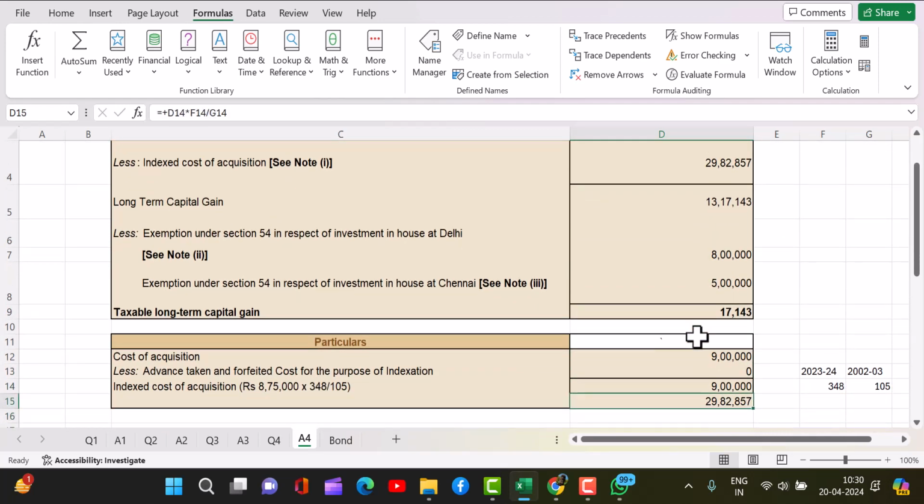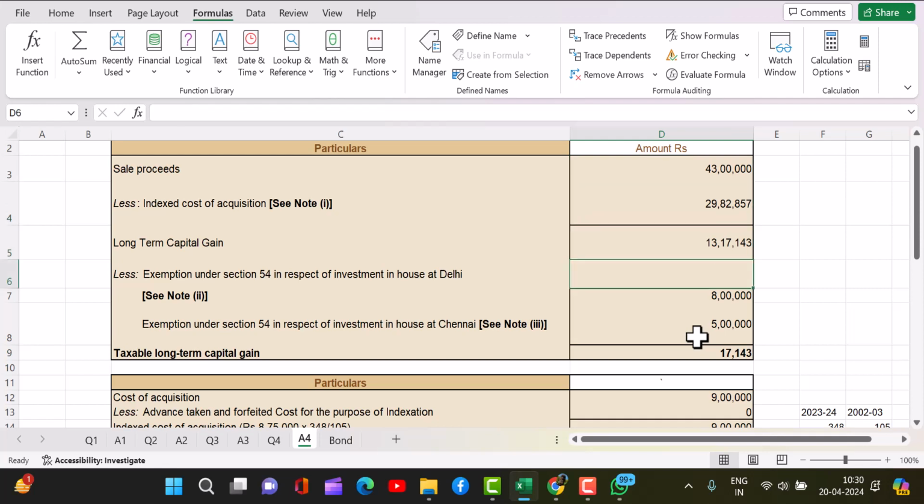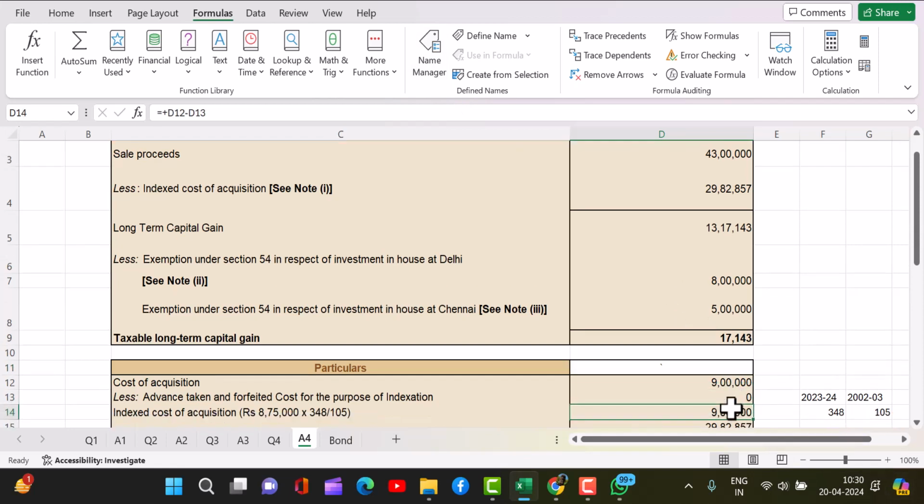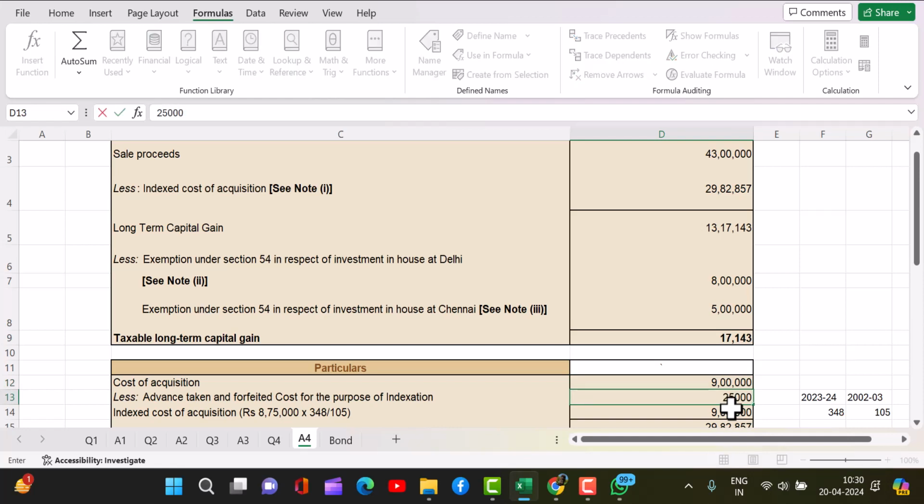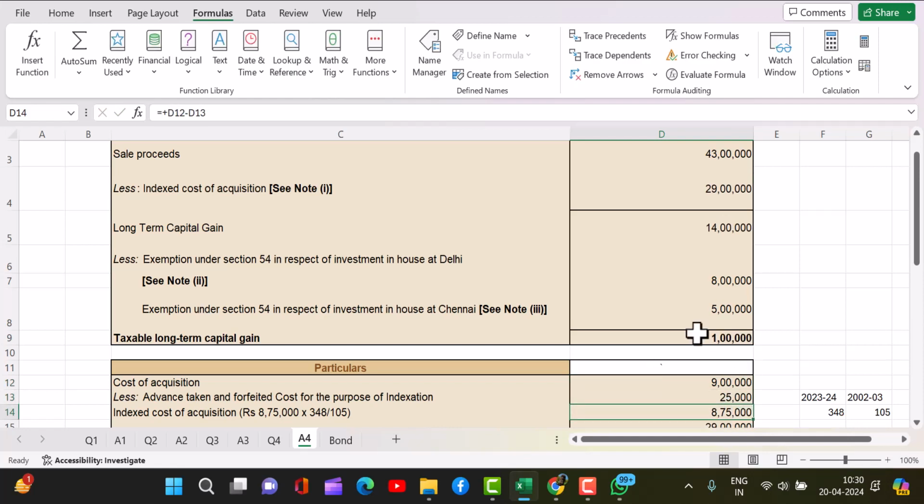Yes, sir. So if the advance would have been received after 2014, then he would have paid the tax in the year when he received the advance. So this would have been considered as his income. So this will not reduce his cost of acquisition. So the cost will be higher here and his capital gain will also be lower in this case. Now if we restore this and make it 25,000 here, because this advance was received, his capital gain is 1 lakh.